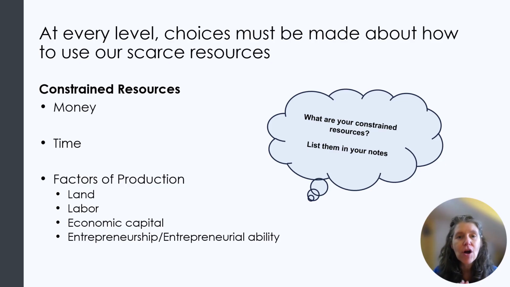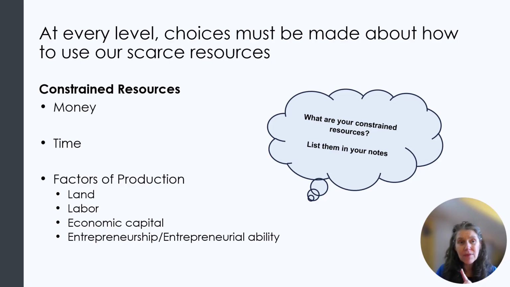And we talked about our factors of production: land, our raw materials and components that go into products and services; labor, the people who actually make our products and services and transform inputs into finished goods and services; economic capital, the technology and equipment and the processes that we use to make that transformation possible; and the entrepreneurial ability of the inventor, of the owner, of the person who takes the risk and responsibility to have that idea and see it all the way through and run those businesses and accept the consequences of those choices.